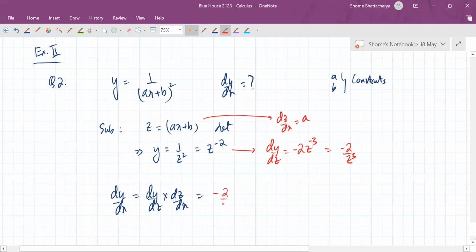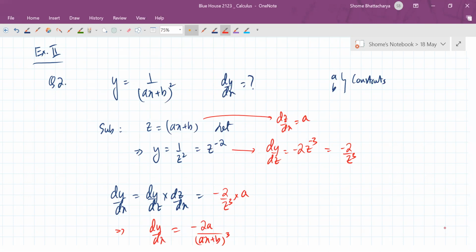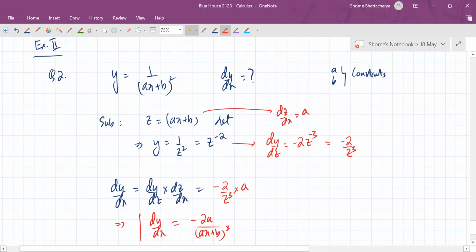So this is minus 2 by z cube into a. So on resubstitution, we have minus 2a upon ax plus b whole cube. I've just resubstituted z as ax plus b. So this should be our final answer. Hope this is clear, Sambhavi. Yes, sir. Okay, very good.